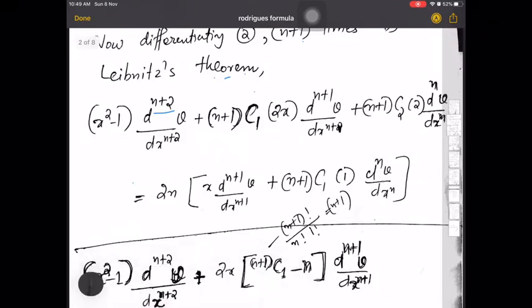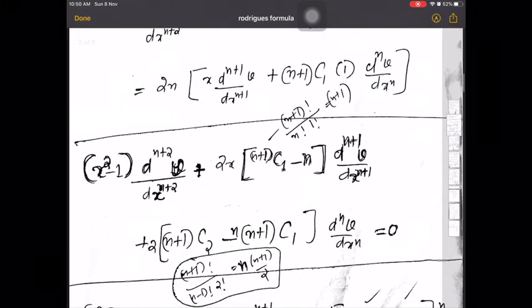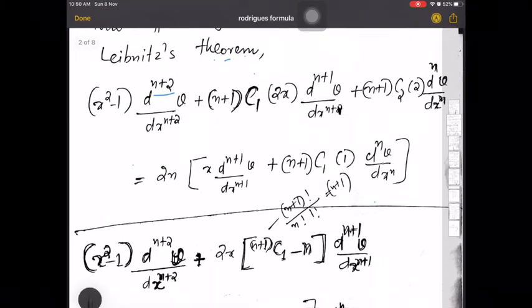on the left hand side this, and on the right hand side this, and as we combine these two, you will be getting this: x square minus 1, d raised to n plus 2 v by dx raised to n plus 2, plus 2x, we have this n plus 1th derivative here on the right hand side, and here we have the n plus 1th derivative on the left hand side.